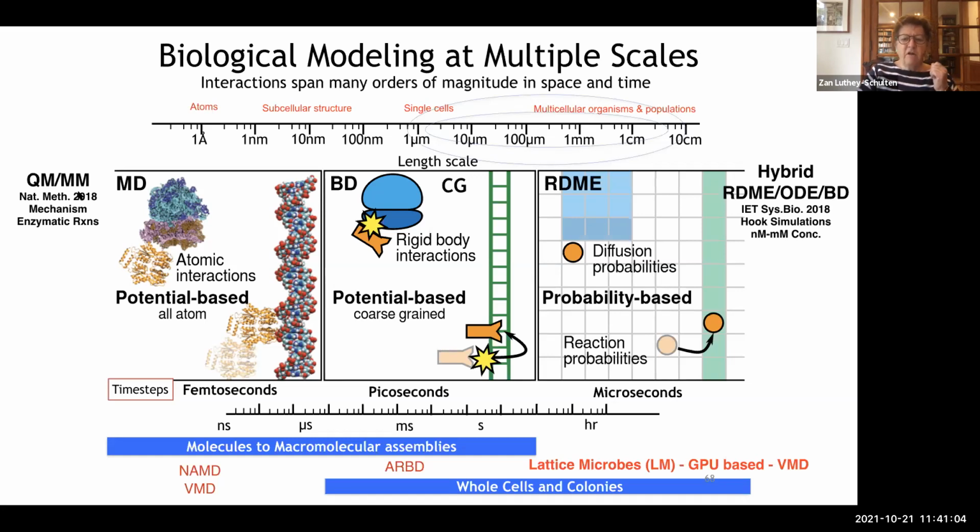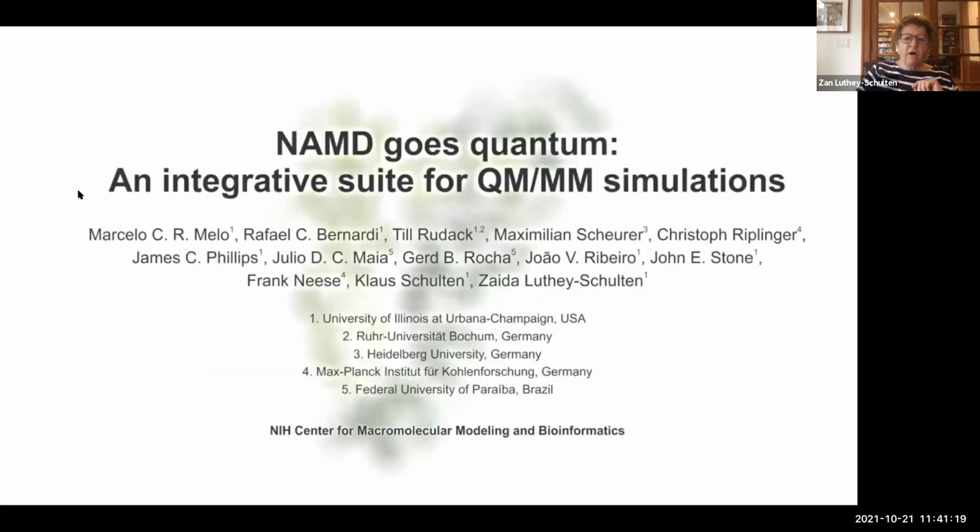And I think I have a little movie from that paper that can show you both the power of the technique, but also the real power of VMD being able to show you molecular orbitals as a function of time. Okay, in fact, that's the next movie here. So I hope if I just click on this thing, it will start running.